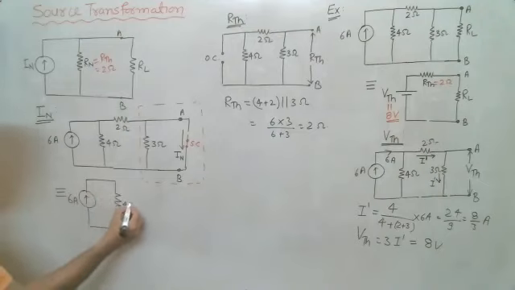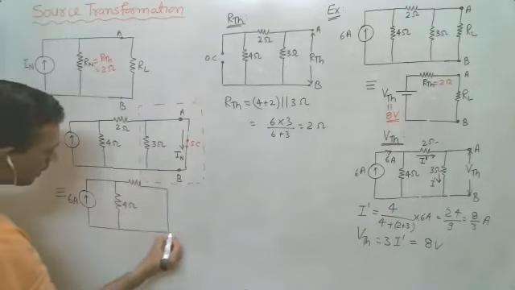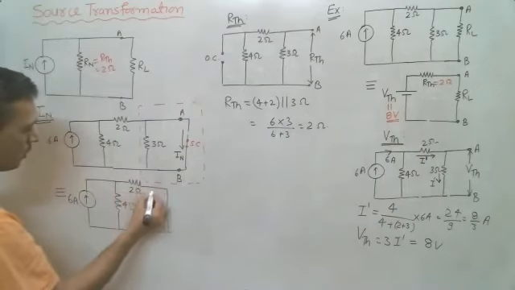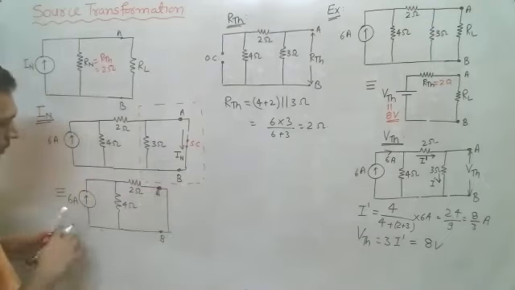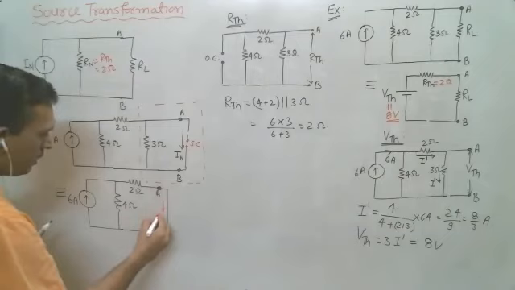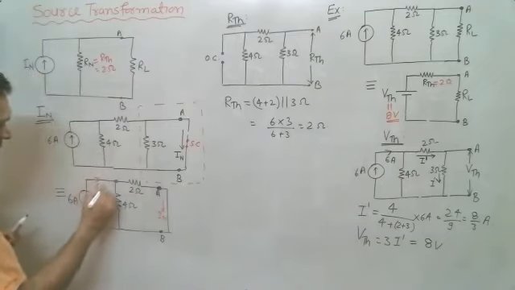This is 4 ohms. This is 2 ohms and then they are the short circuit. This is 2 ohm. This point is A and this point is B. This current is IN. So you can easily apply current division at this node.